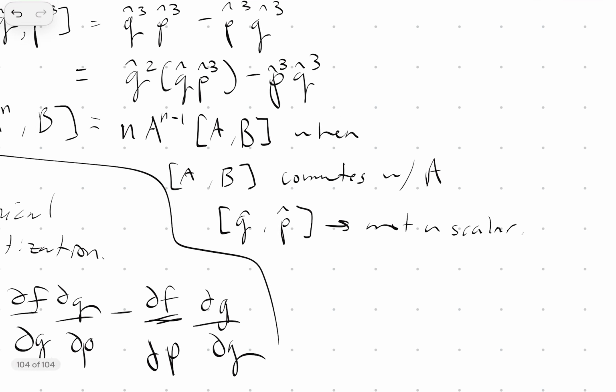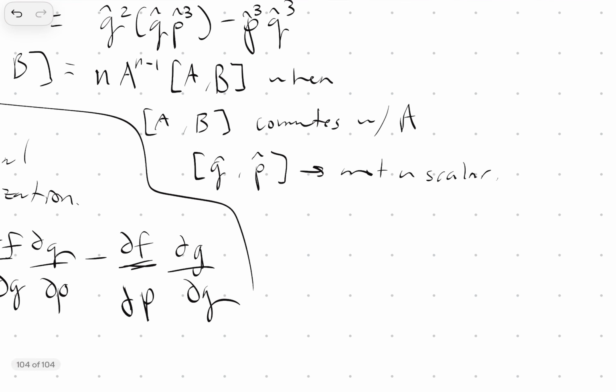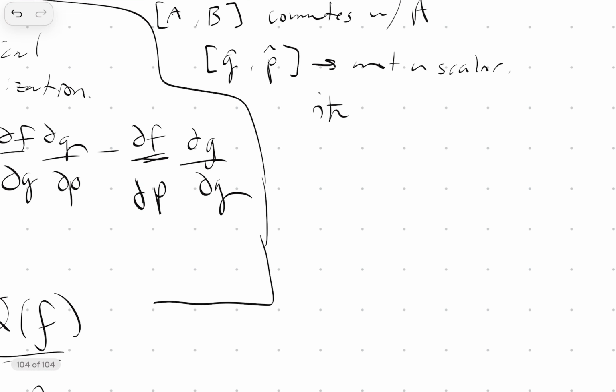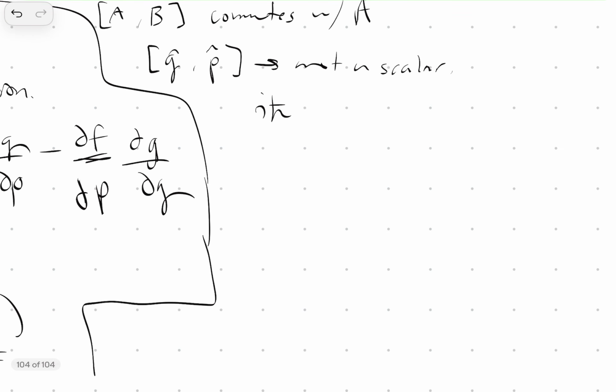It's a number, i hat, basically, or a type of number, and it does commute with both Q and P, so we can treat it as a constant during the commutation. So if we repeatedly apply that, this is equivalent to this.